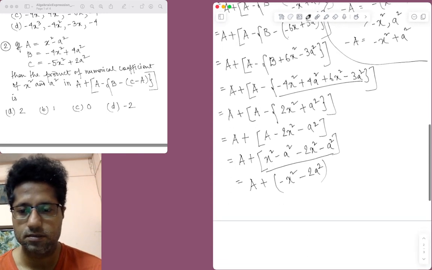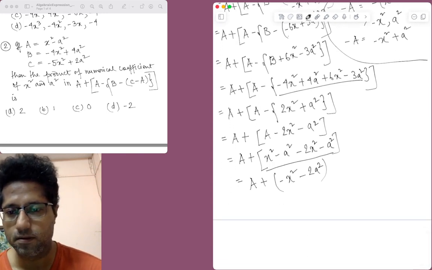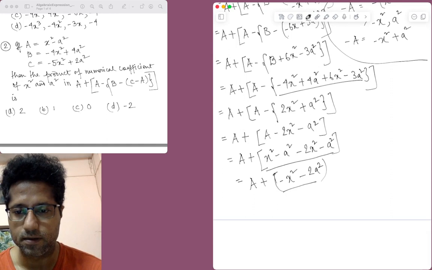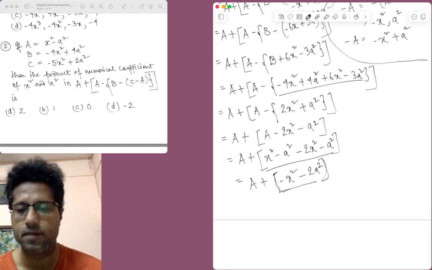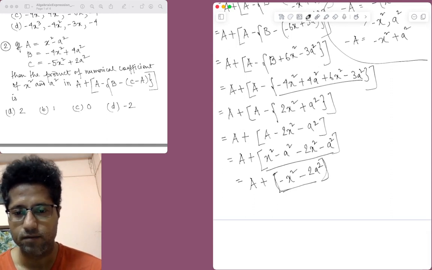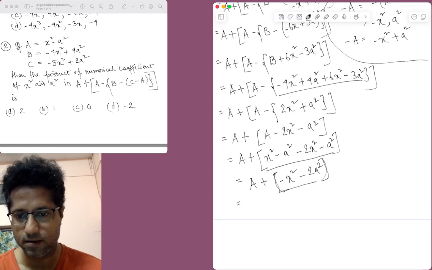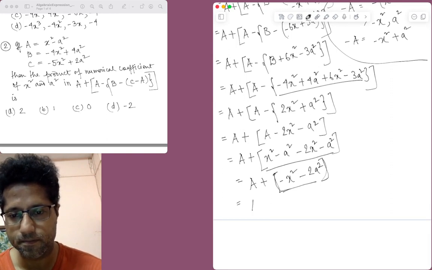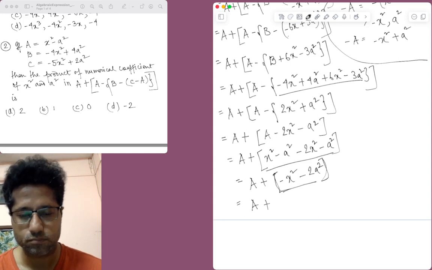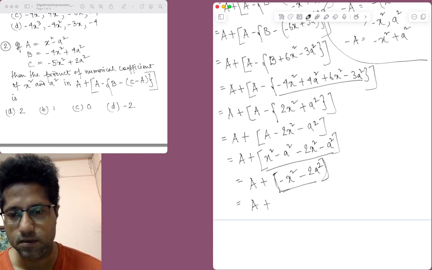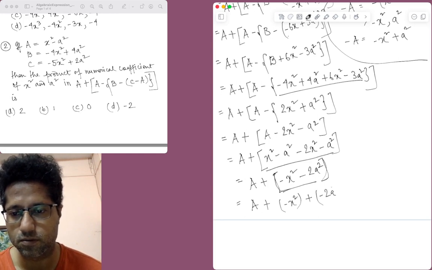So this is this. Now again we have to open the square bracket, but before that we have a plus sign, so we can simply open it. This becomes a plus, you can say minus x square plus minus 2a square.